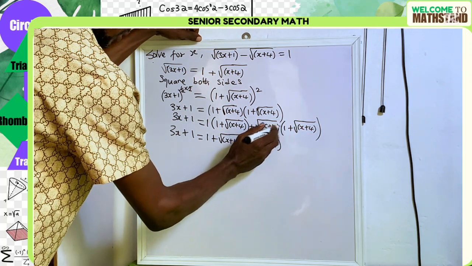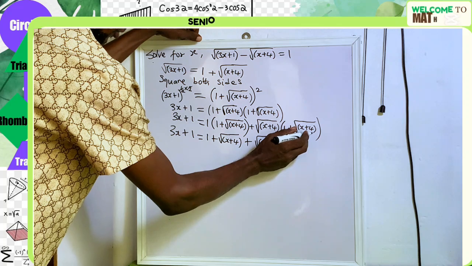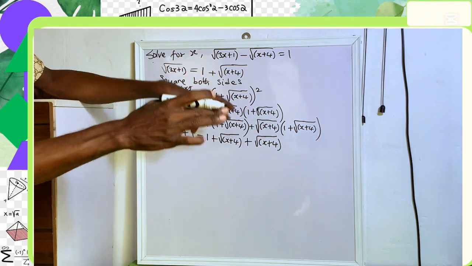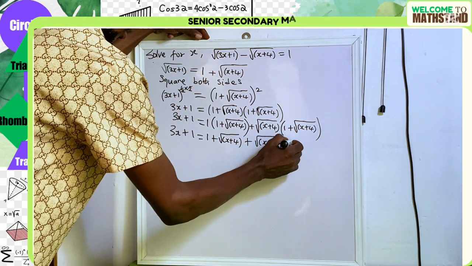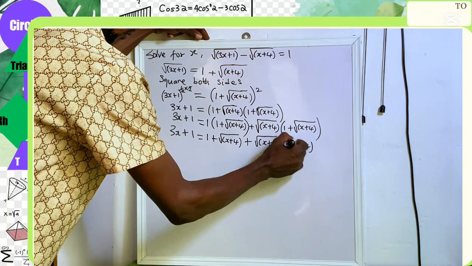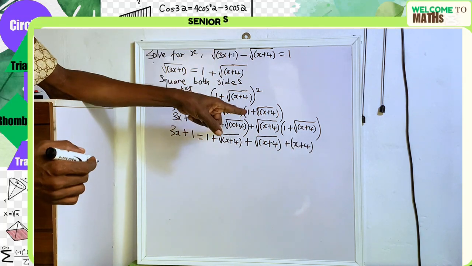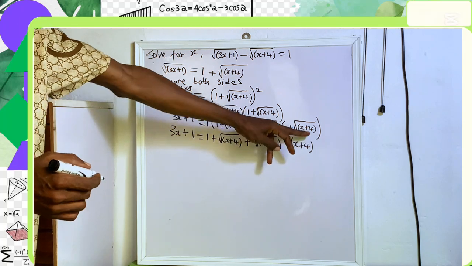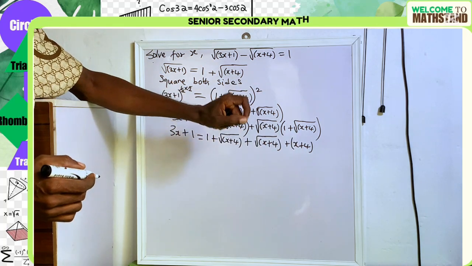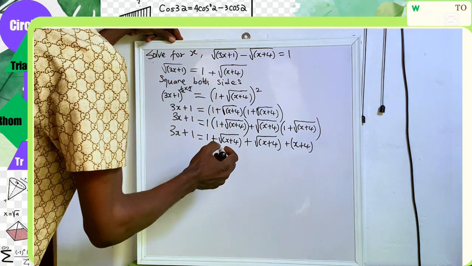So square root of x plus 4 times square root of x plus 4. So the square root of x plus 4 is rationalized. That means it will give us what? It will give us x plus 4. Remember, square root times square root is the number itself. So square root of x plus 4 times square root of x plus 4 is what? x plus 4.